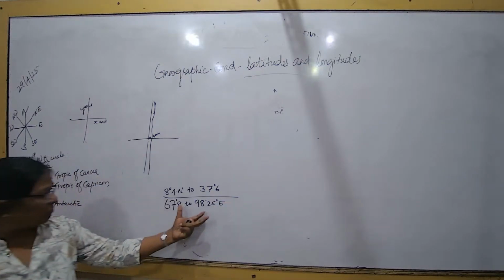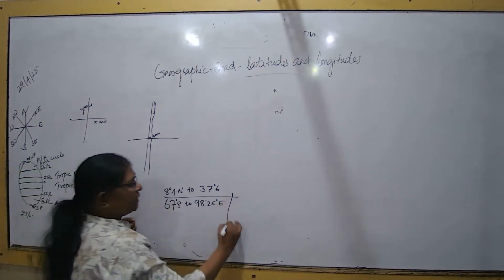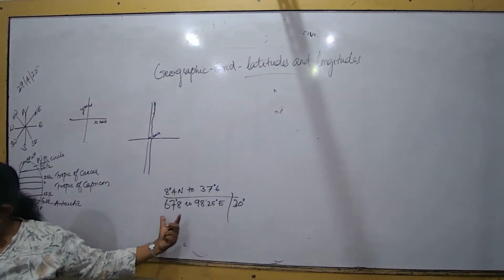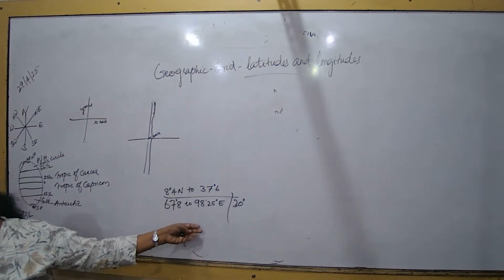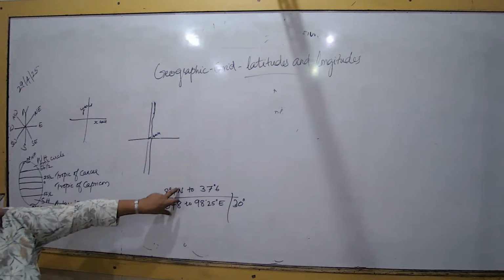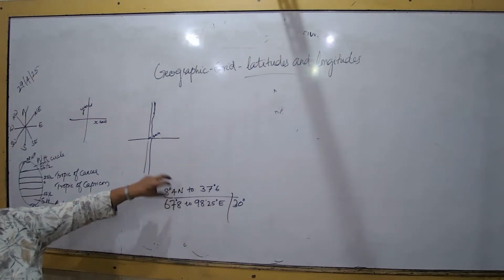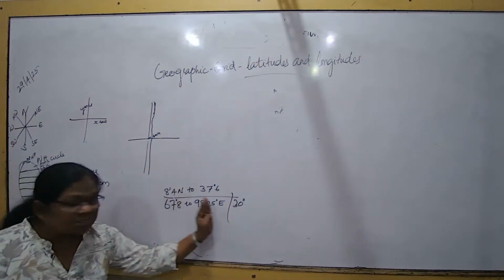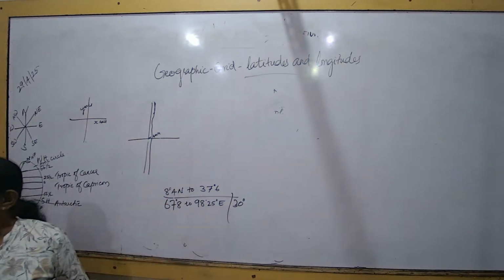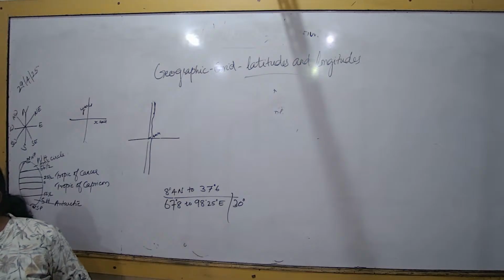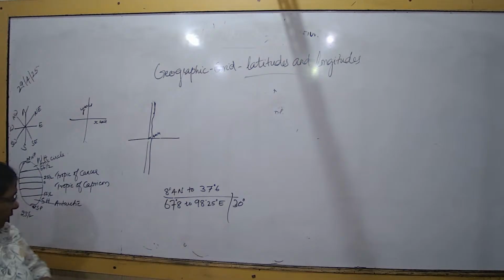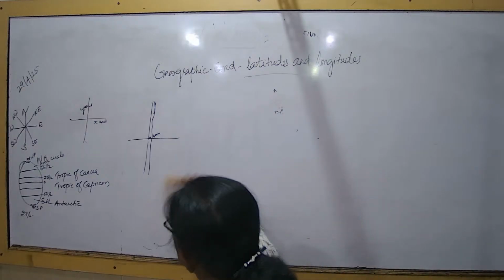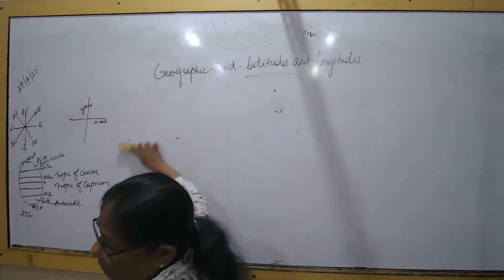Okay, so the difference is almost 30 degrees. The difference between this, that I can teach you. So, based on these degrees, which hemisphere it is located, and which side it is located, it is very easy to identify a place. That is why we are using latitudes and longitudes. This much is clear? Okay.